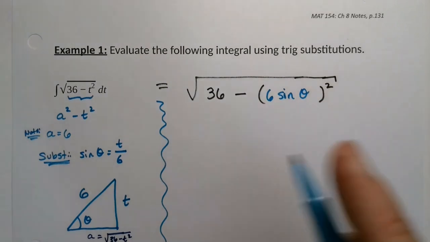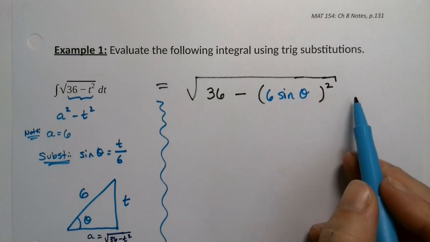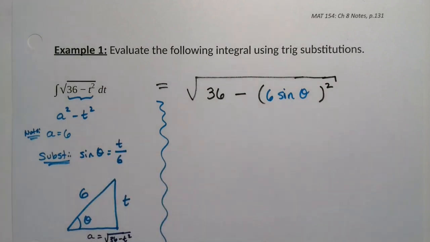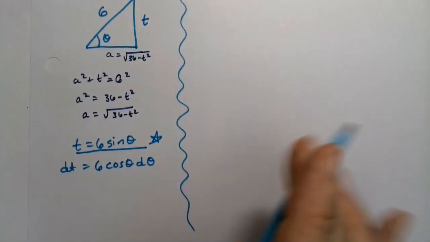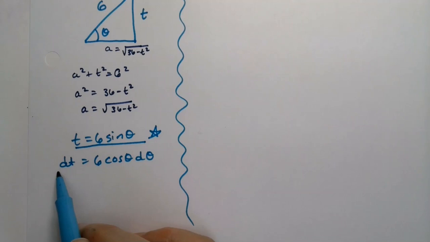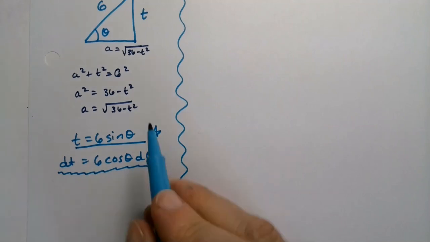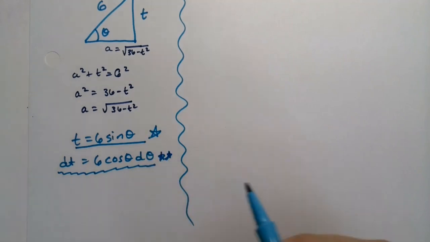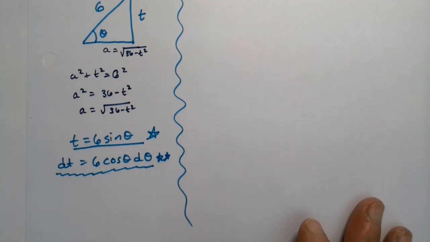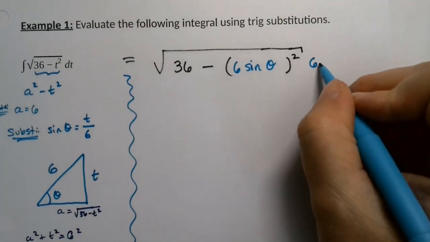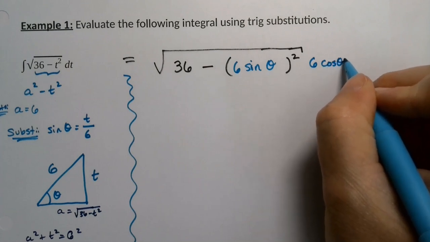And if I change my variable to theta, then I can't write dt. I have to write something that involves theta. So if only I had an equation that let us know what dt was. Oh, but it's right here, right? That's why I found those two pieces, because I knew I needed those right off the bat. So that makes this 6 cosine of theta d theta.